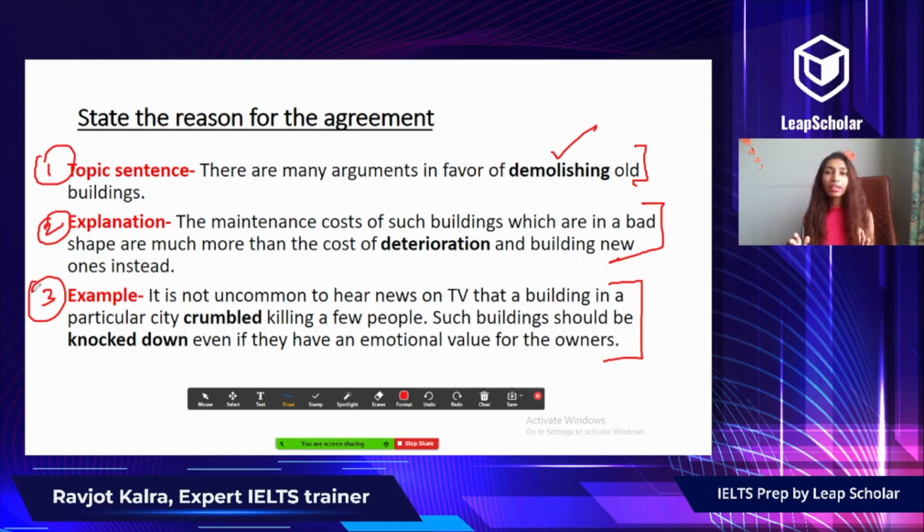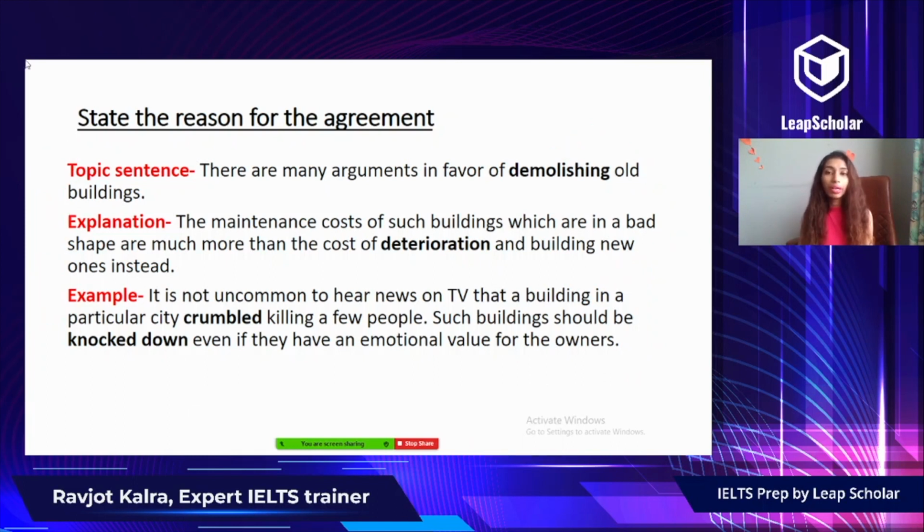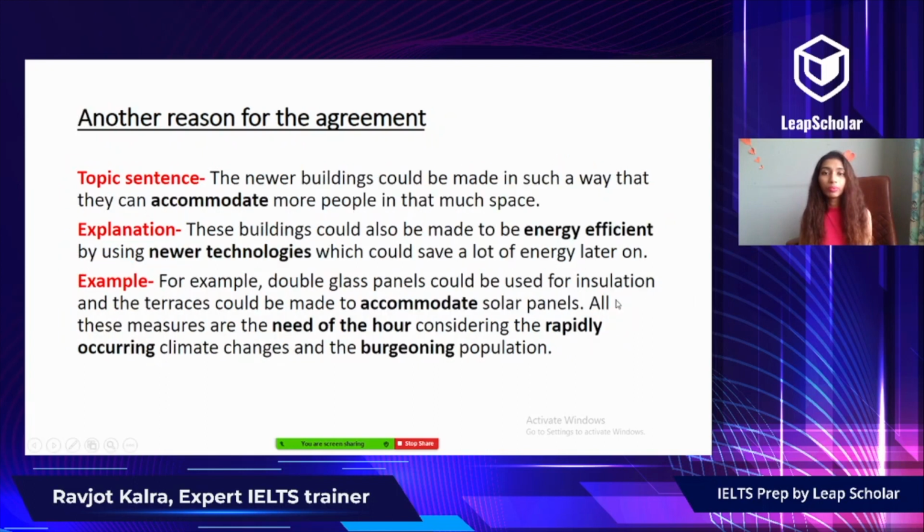So this whole paragraph is about why we agree, and the reason is explained in 3 sentences: topic sentence, explanation, and example. Similarly, we'll write the other body paragraph about disagreement as well. Let's see how the other paragraph goes.